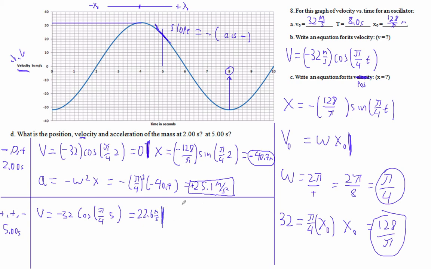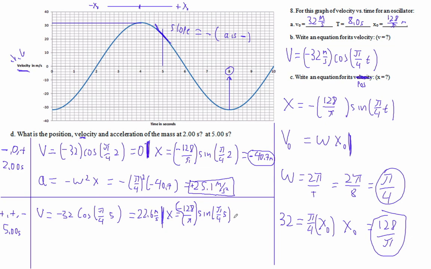All right, let's see, x is going to equal the opposite of 128 over pi, sine of pi over 4 times 5. All right, we can do this.